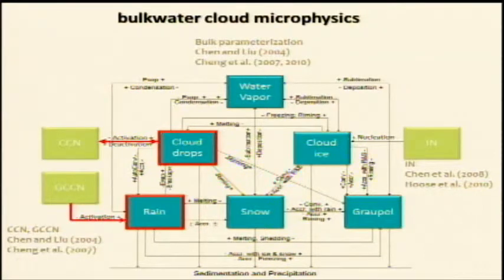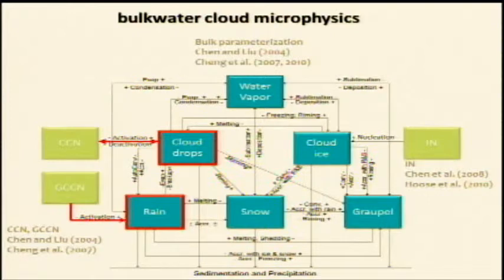I'll first show you the earlier efforts where we reformulated the parameterization for liquid-type hydrometeors. In the past, hydrometeors were described by assuming a certain kind of size distribution, then solving the size distribution integral to get the conversion rates.